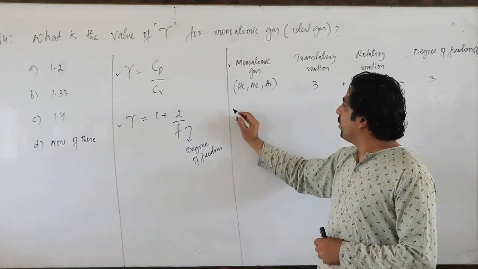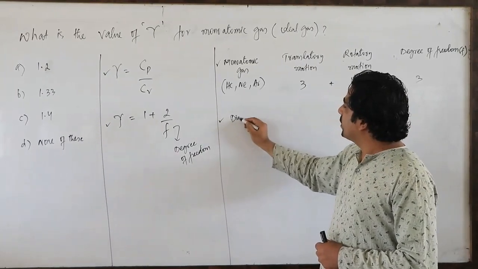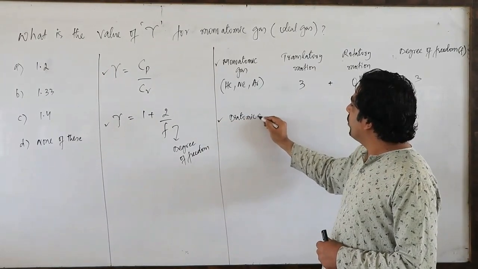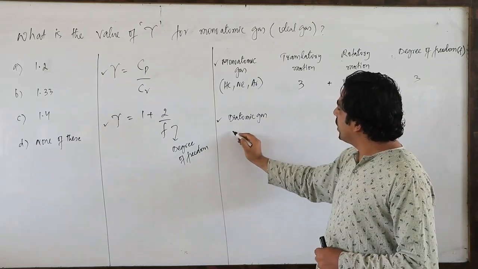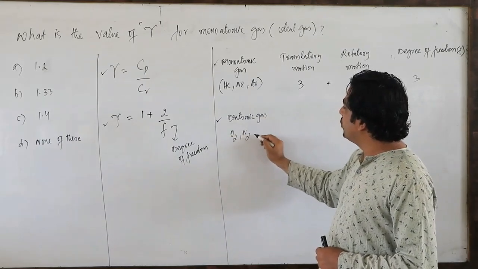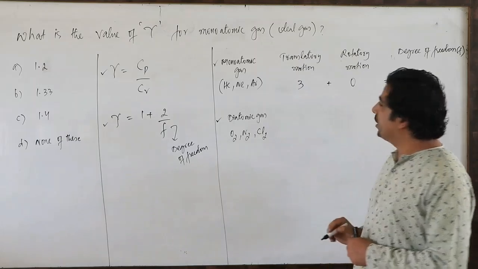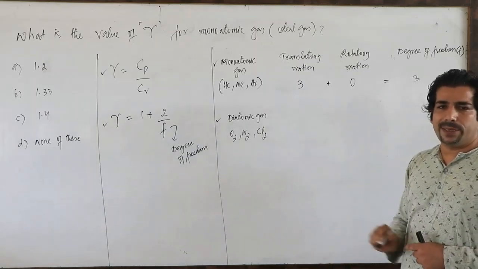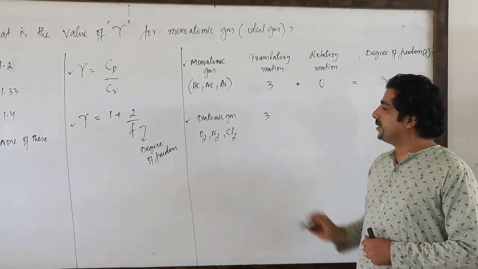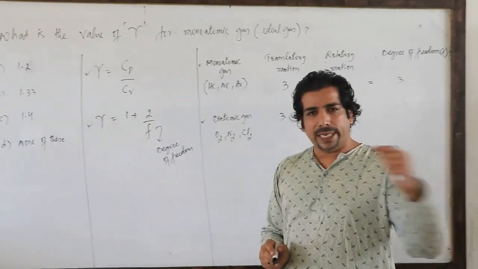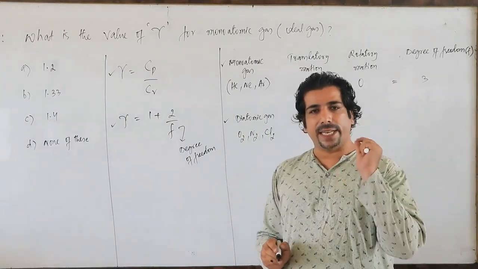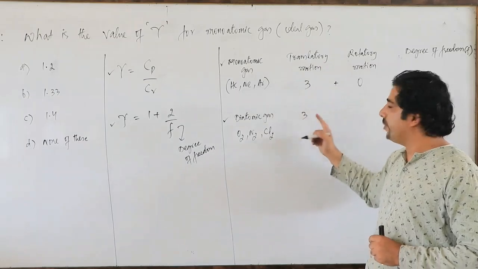Let's talk about now diatomic gases. If we take diatomic gas O2, N2, Cl2, my dear friends, they also show translatory motion along 3 axes. They will move along x-axis, y-axis and z-axis. So translatory motion is 3.